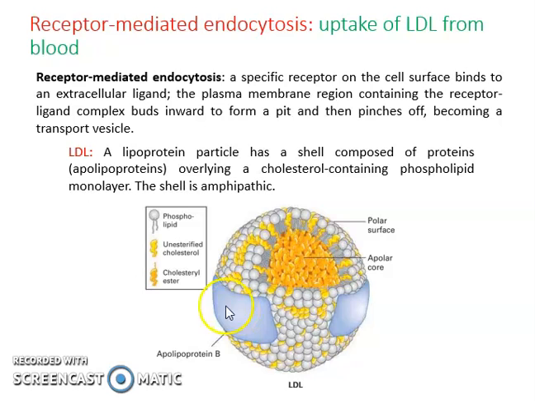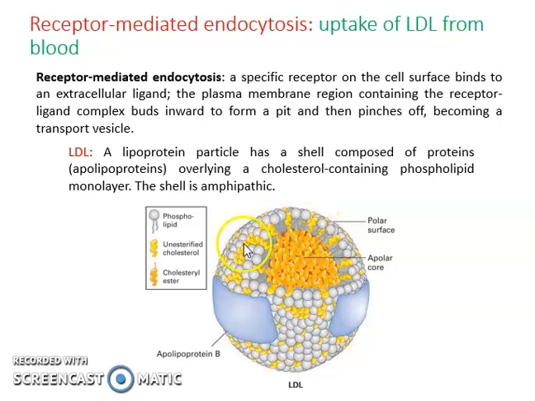Here we can see that this single band is the protein component, which is called apolipoprotein B, and a monolayer of phospholipids, these gray colored portions. They form a monolayer, unlike a typical plasma membrane where the phospholipids form a bilayer.